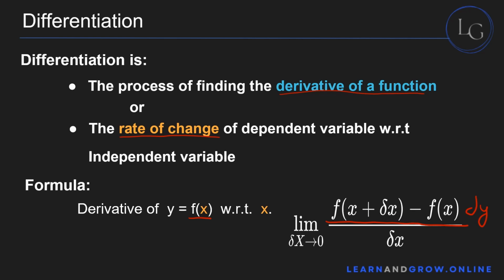And when you apply the limit as delta x, or the increment of x, approaches 0, this is the complete formula for the derivative of y with respect to x. And later on you'll see what this really means.